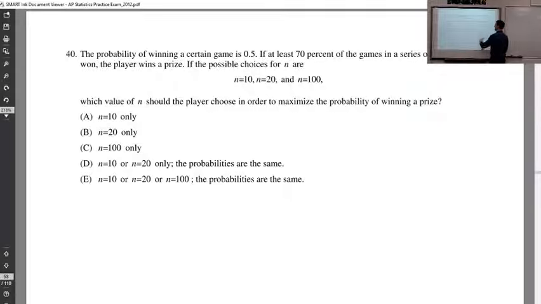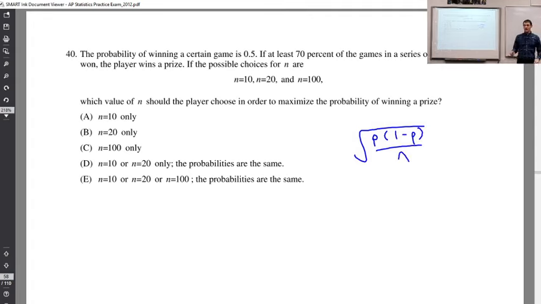Formula-wise, remember that this standard deviation would be the square root of p times 1 minus p over n. And I want this to be as large as possible because I want values that are far away from the mean of 0.5. So if I want values that are far away from the mean, then I'm going to choose a sample size that is as small as possible so that this standard deviation is as large as possible.